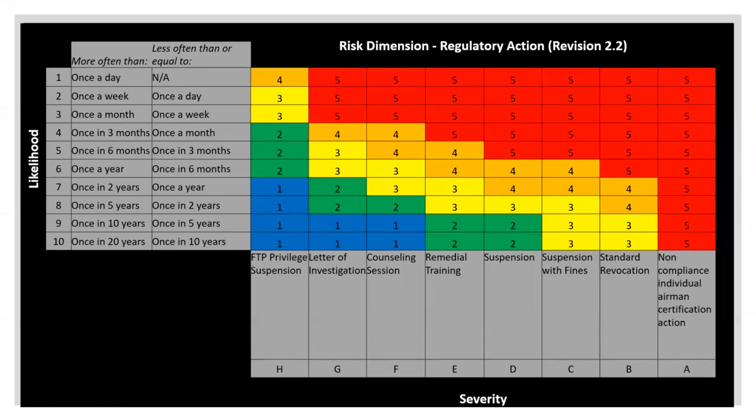So this one is regulatory action. I developed this, modified it, if you will, to be a little more geared towards GA flying. The original risk matrix was for an airline and what they consider regulatory action.